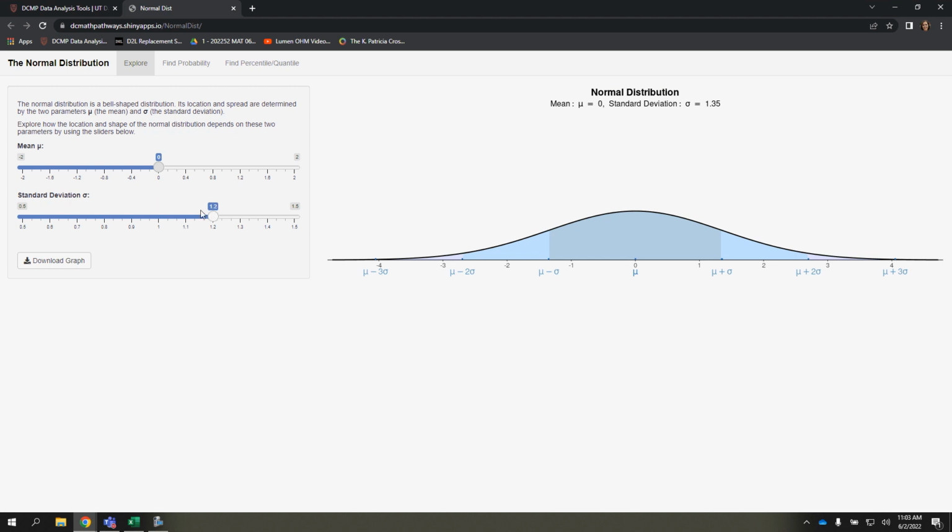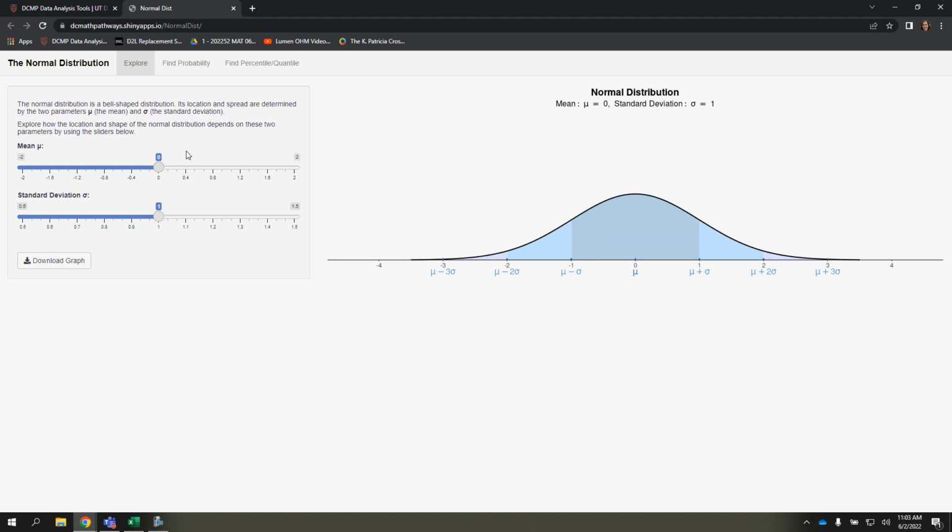The default, when it starts with a mean of 0 and standard deviation of 1, is representing the standard normal distribution. Standard normal distribution, you may recall from class, is what you're basing your z-scores off of. So again, standard normal means that everything you do, you're scaling it back to those standard normal values, or z-scores if you will. And that's what's going to allow us to also find the probability of things.